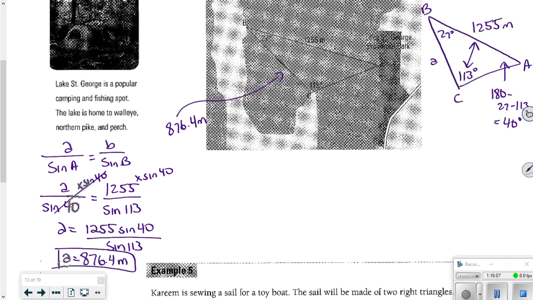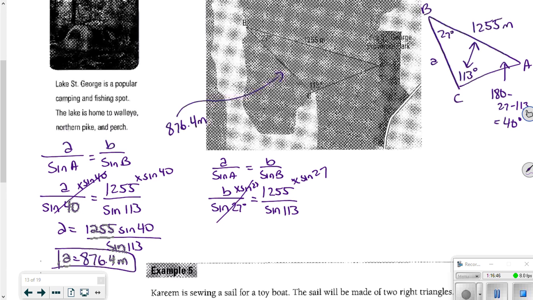The other side, the side across from B. Again, we're solving for a side, so A over sine A equals B over sine B. In this case, we're solving for side B, so B over sine of the angle across from it, the 27 degrees, equals the side we know, 1255, divided by the sine of the angle across from it, the 113, times sine of 27 on both sides.